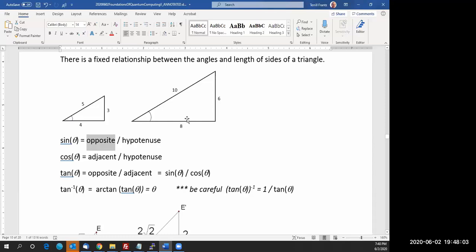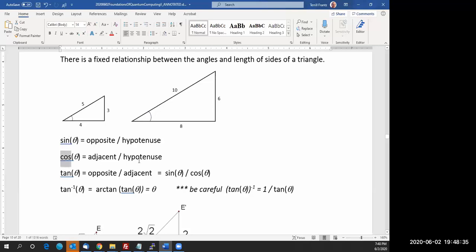Here I could take the same thing, the sine of this angle: the opposite divided by the hypotenuse, and the sine again is 0.6. So whenever I really want to equate the angle with the opposite side, I would refer to the sine function.